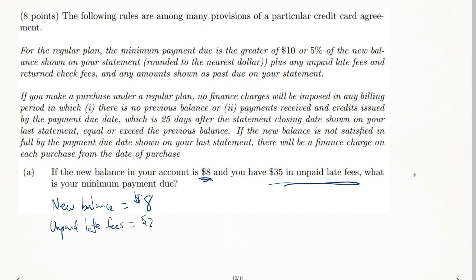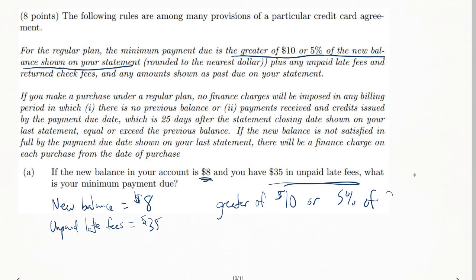equals $35, right? So first off, for the regular plan, the minimum payment due is the greater of $10 or 5% of the new balance shown on your statement. Okay, greater of $10 or 5% of what's our new balance?